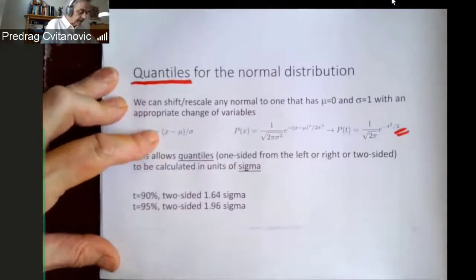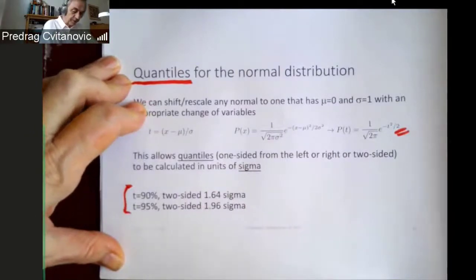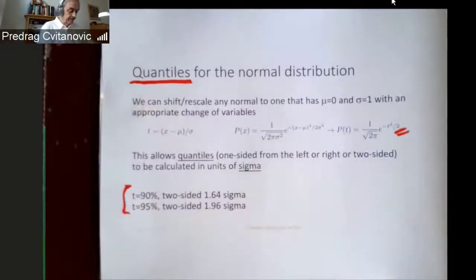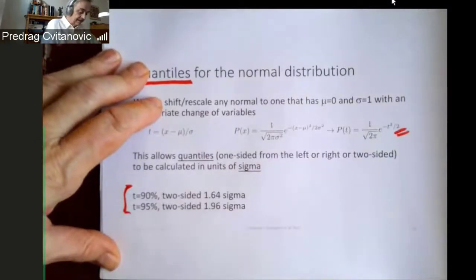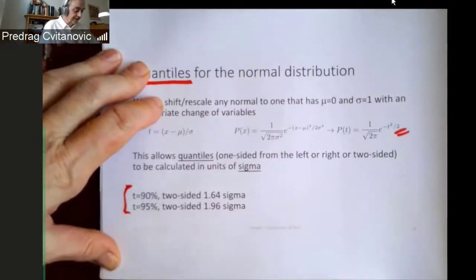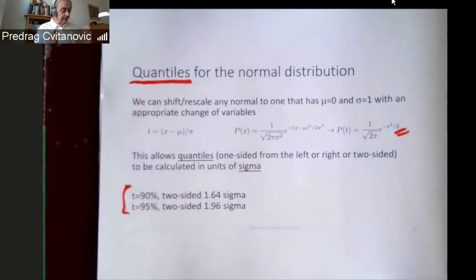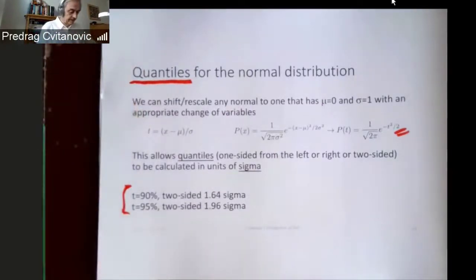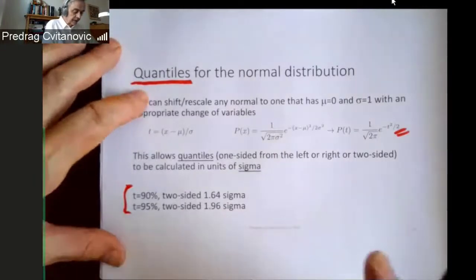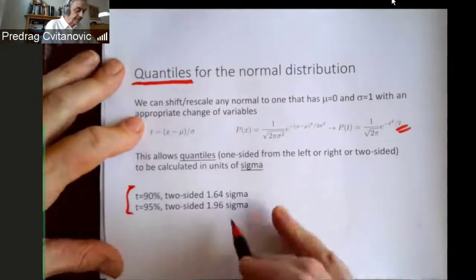So the conventions are, if you take t in such a way that you keep 90% of the probability normalized in this way and cutting both sides, this is two-sided, about 1.64 sigma. And if you want to be a little bit better and keep 95% of the total area under the curve, you have to cut off at the two sides at basically 2 sigmas.